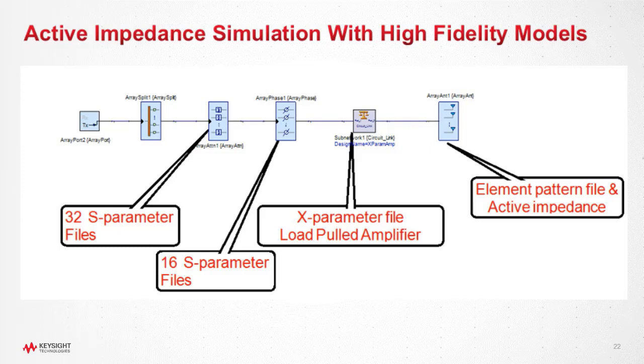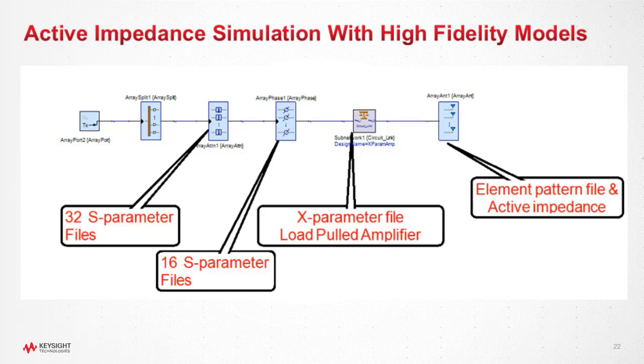And then we have one such model called an X parameter file, connected with varying load impedances. We are also showing here the programmable attenuator and the programmable phase shifter, modeled with S parameters for each one of the states.